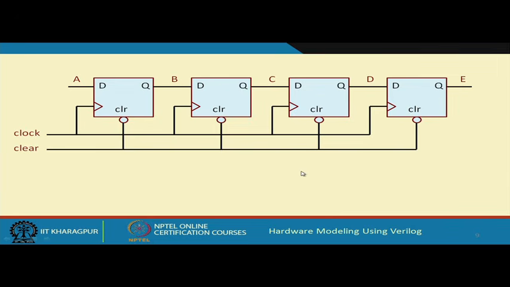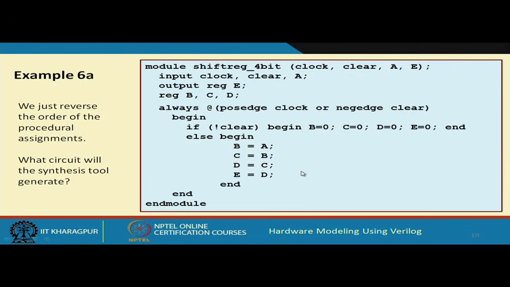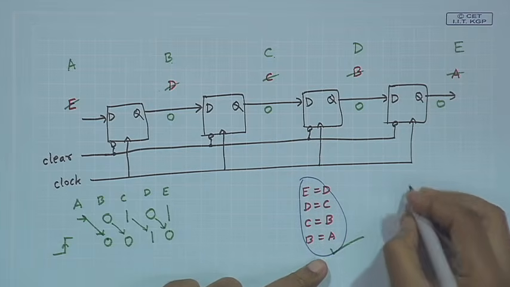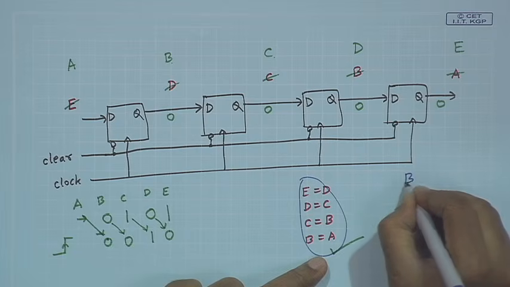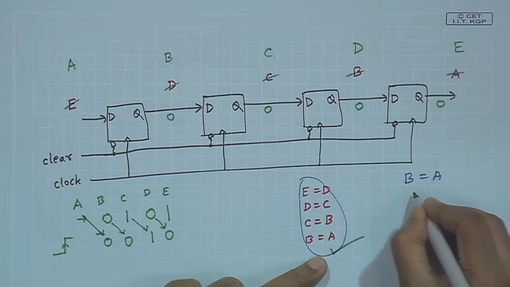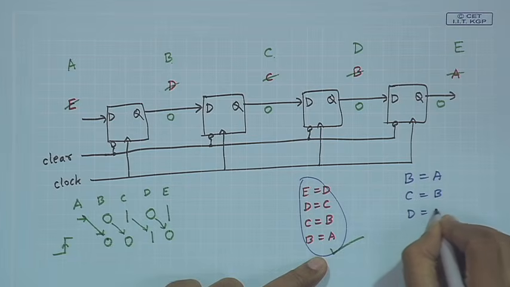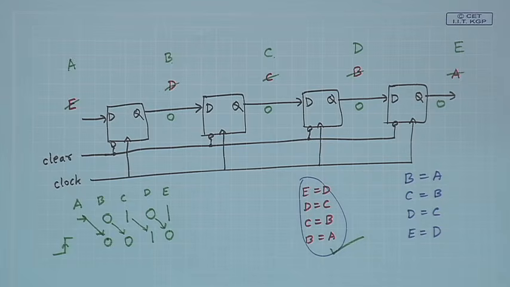Now, suppose we make a small change. Just these four assignments, we simply reverse their order. We write B equal to A first, C equal to B next, D equal to C next and E equal to D last.